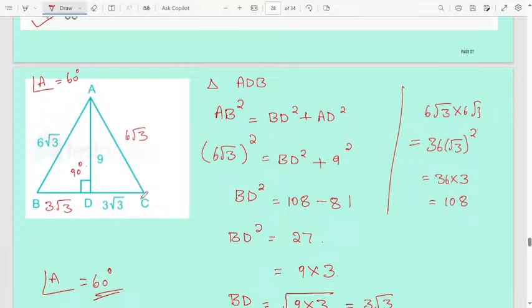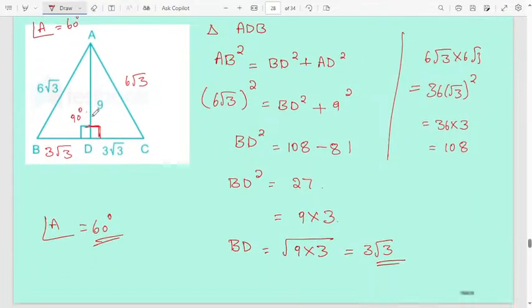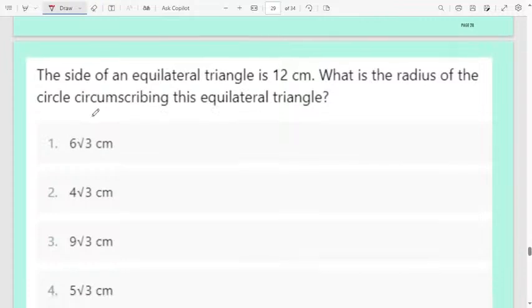Then we can conclude this angle is 90 degrees, and if this is 90 degrees then this angle is also 90 degrees. Then we concluded this is an equilateral triangle, therefore this angle will be 60 degrees. Understood? Yes. Next question.